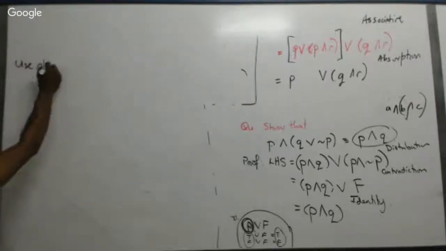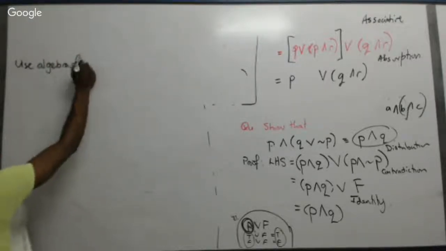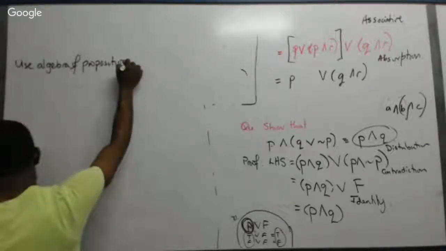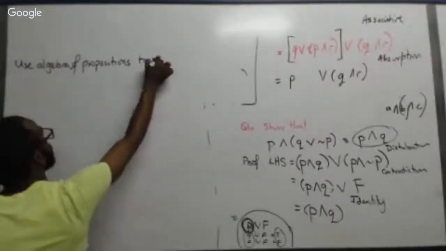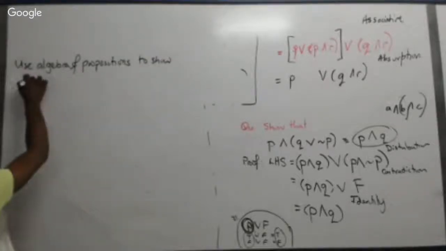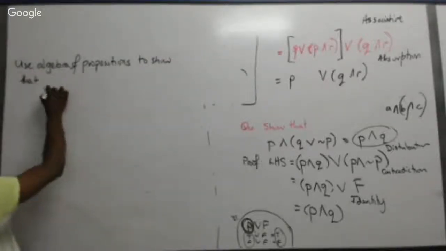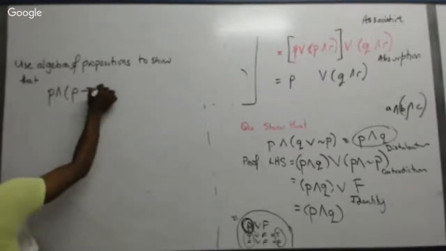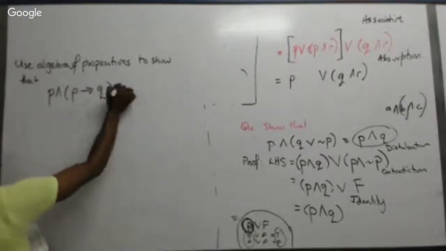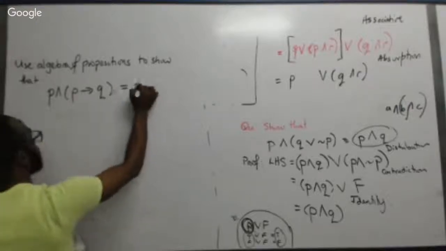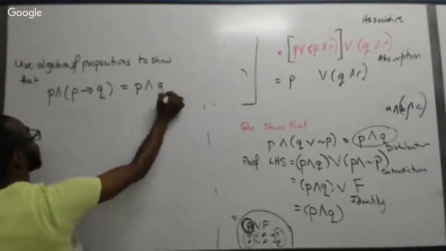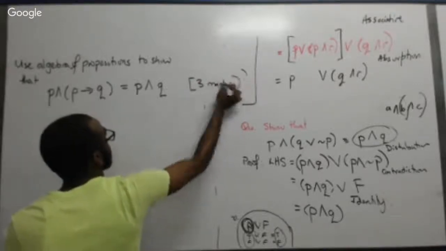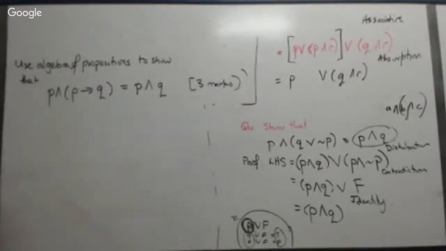Use algebra of propositions to show that P and (P implies Q) is equal to P and Q. And the man said they're giving you 3 marks for that. Let's attempt that.